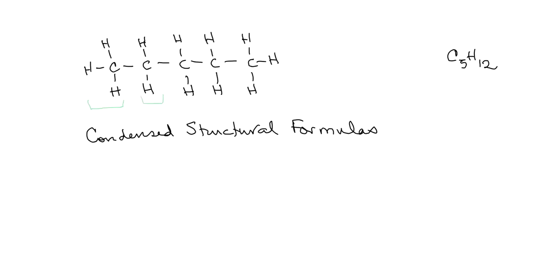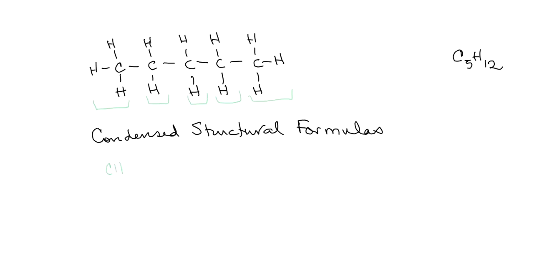Now, when we write this, that's a CH3 group, followed by a CH2, CH2, CH2, CH3. Now, when we draw it this way, we basically assume that the carbons will be my central atom.